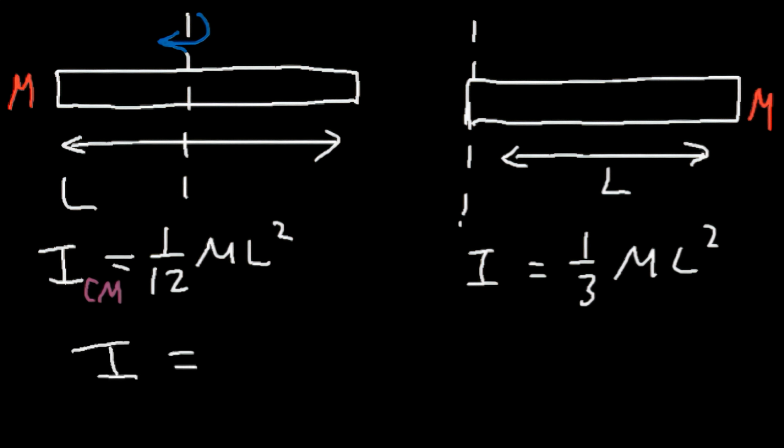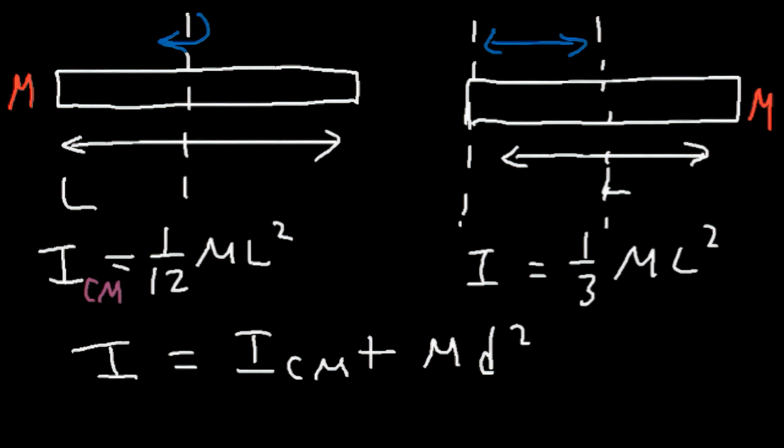So the inertia of the new system is the inertia where the axis of rotation passes through the center of mass plus md squared. So d is the distance between the original axis of rotation and the new one. As you can see, d is half of the length of the rod.